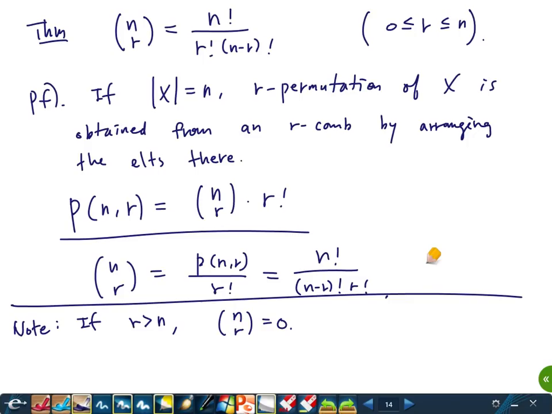You cannot have a subset which is bigger than the original set. So this number has a special name. It's called a binomial coefficient. And we will see why it's called that later. And there are many objects which are counted by this number. So let me give you an example.